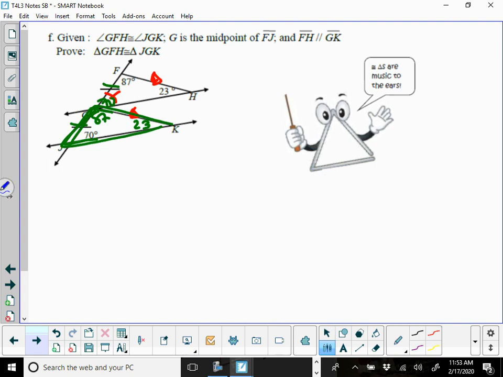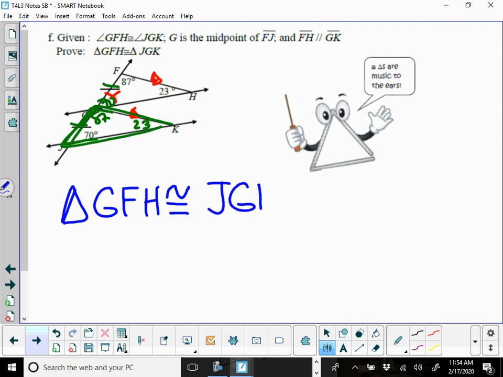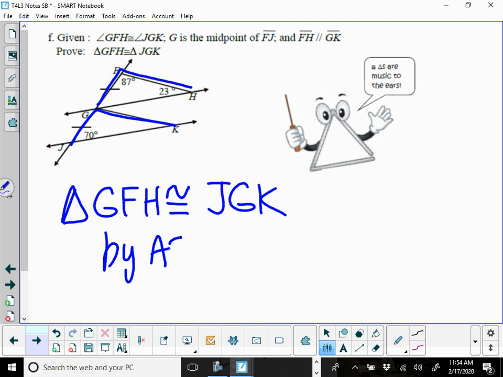So we're going to say triangle GFH is congruent to triangle JGK. Make sure y'all can see how I labeled that. GFH goes here, here to here, so that would be JGK. And we can say that is by angle, side, angle, or angle, angle, side. Either one.